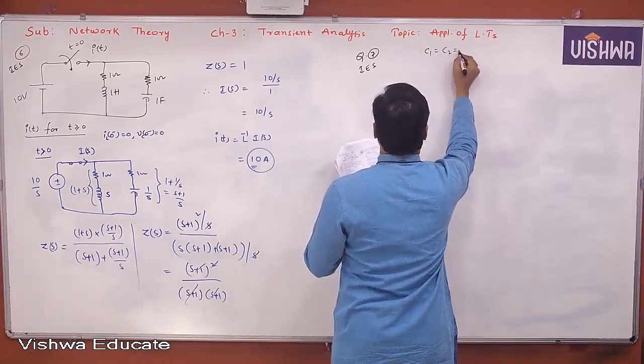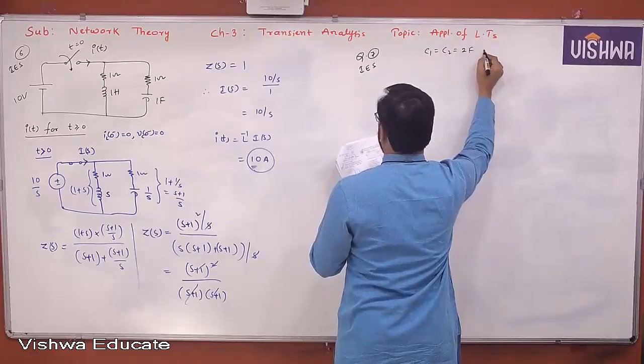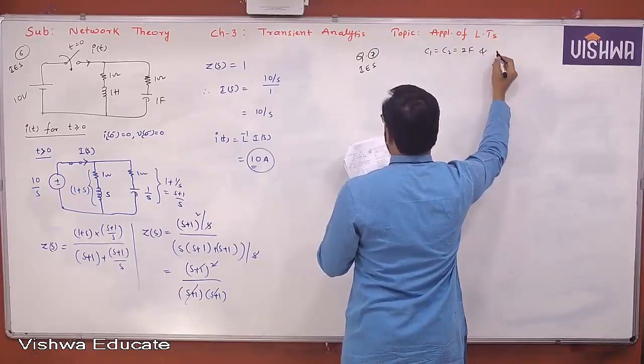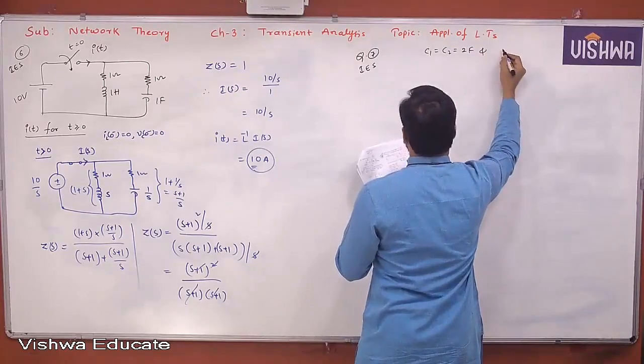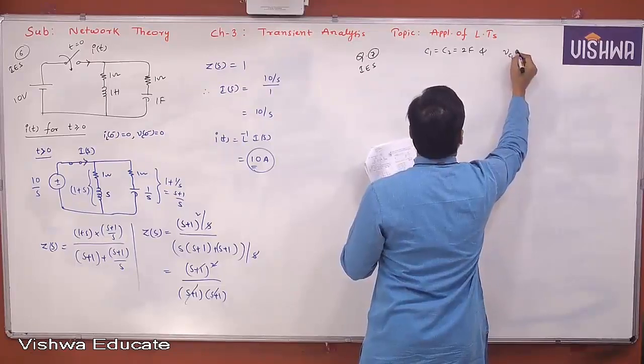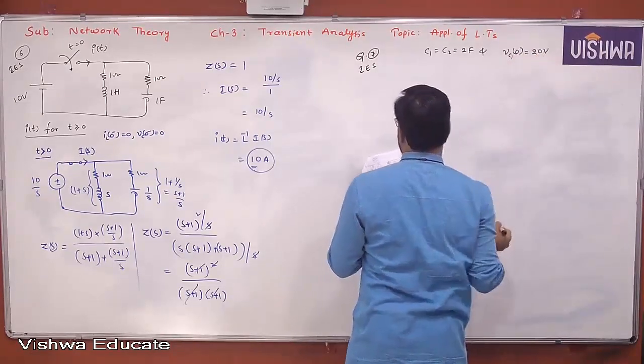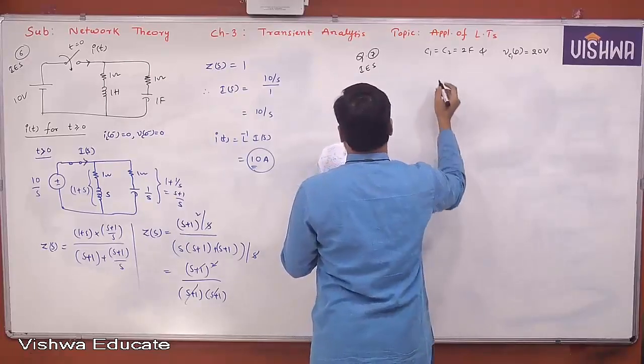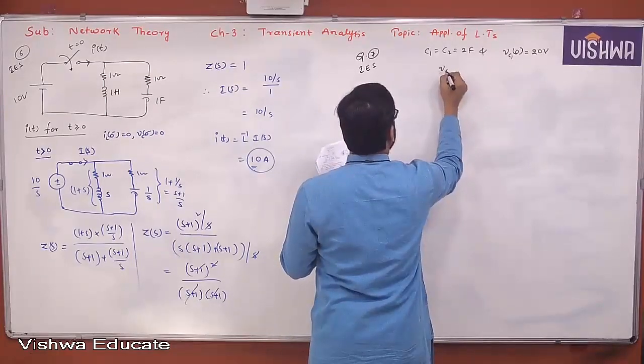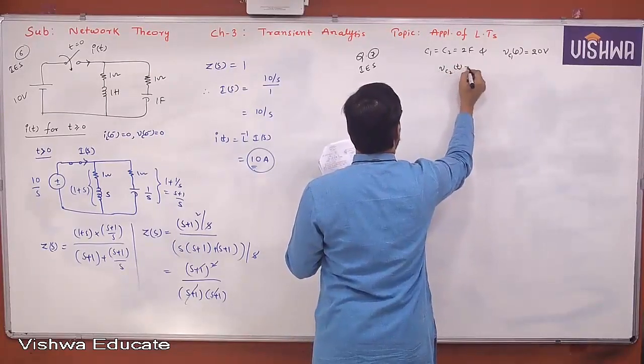C1 is equal to C2 is equal to 2 farad, and the capacitor C1 was charged to 20 volts. Then he's asking what is Vc2 of t.